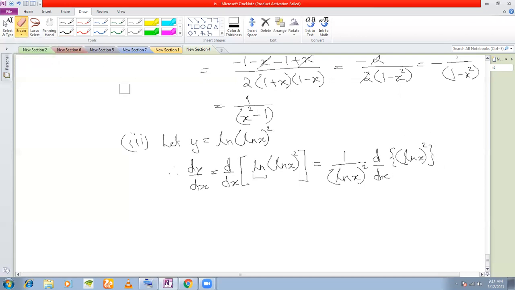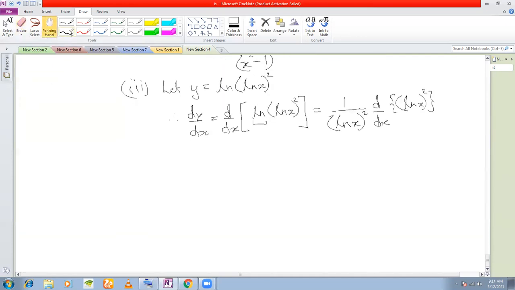Okay. Next, 1 by ln x square. Now we differentiate ln x square. First, you differentiate the power. So n x to the power of n minus 1, twice ln x to the power of 2 minus 1, or you can simply write ln x.